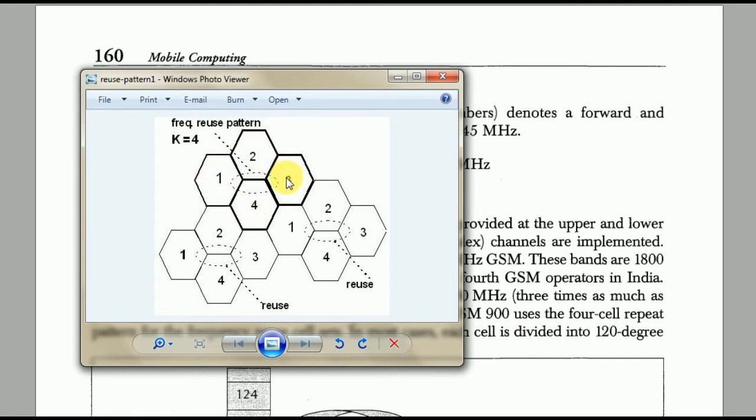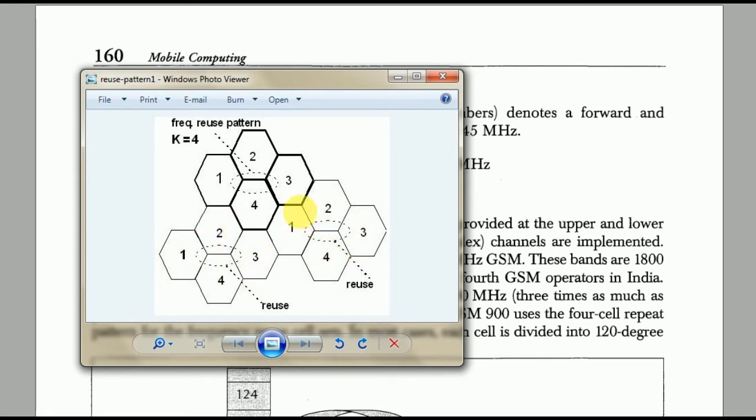These 4 cells create a cluster with k equal to 4. We have another cluster here with frequencies 1 2 3 4, and then another cluster 1 2 3 4.